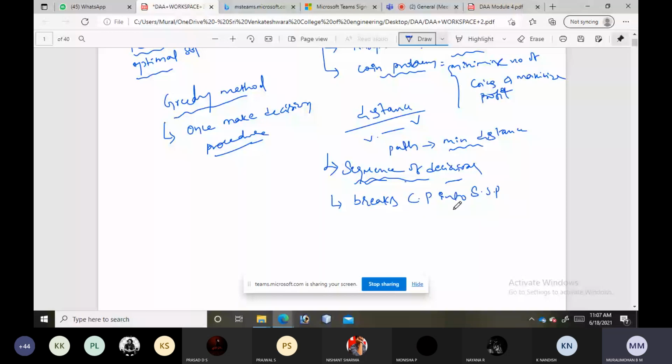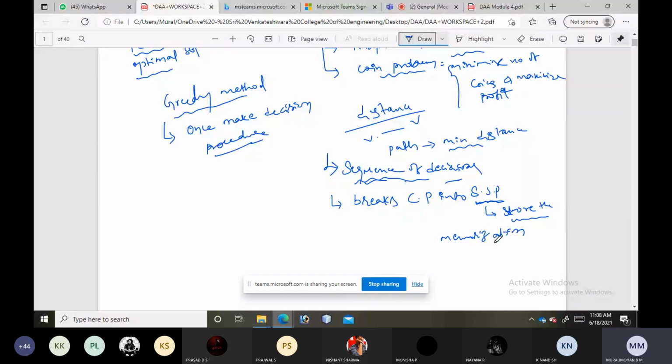Then it will store the results of these subproblems so that if I want to solve the same subproblem again, instead of computing once more, I can use the result which is stored here. This procedure we call memoization.